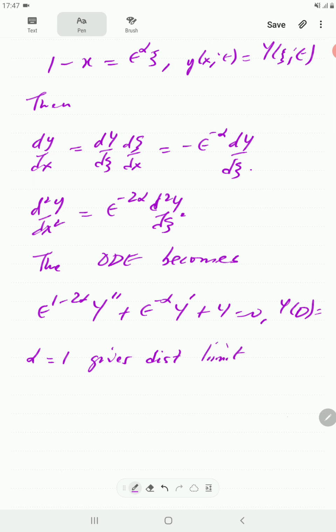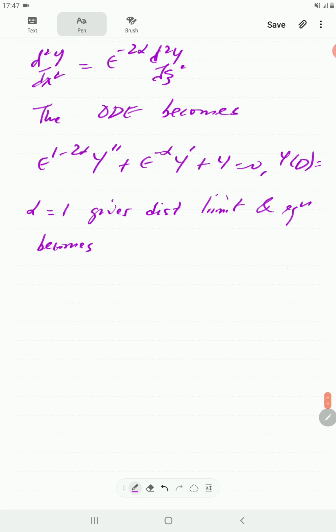Okay, and so the equation is going to become y double prime plus y prime equal to 0, and when xi is 0, this is equal to 1.